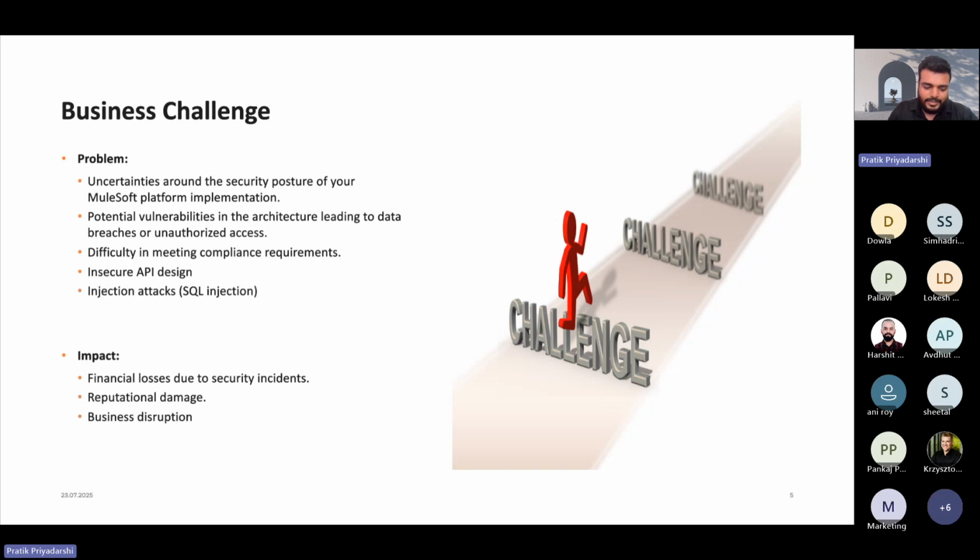We have seen insecure APIs that lead to data leaks. We have seen misconfigurations that open the doors for unauthorized access, and these failures definitely result in multi-million dollar fines. So the cost of guessing wrong here is steep.